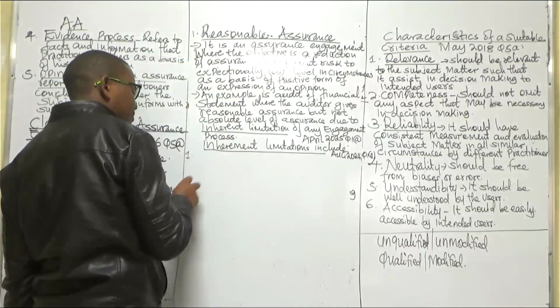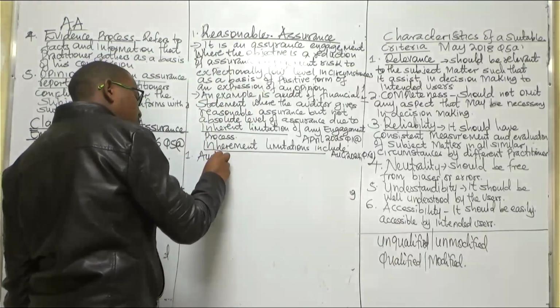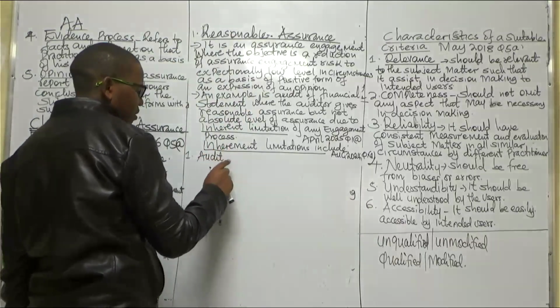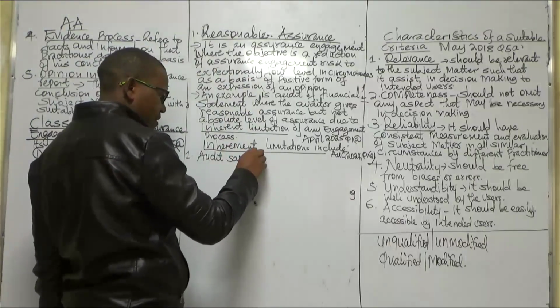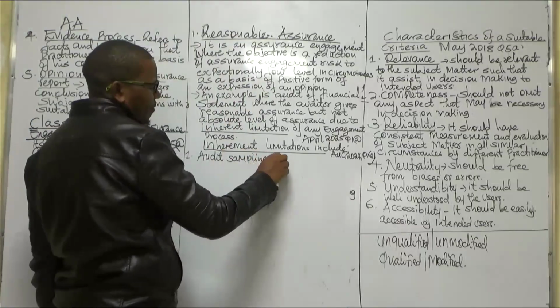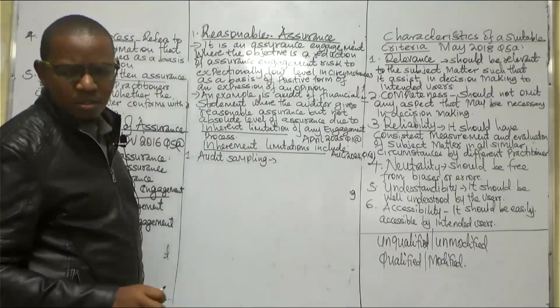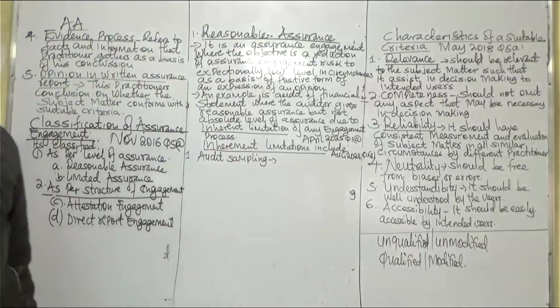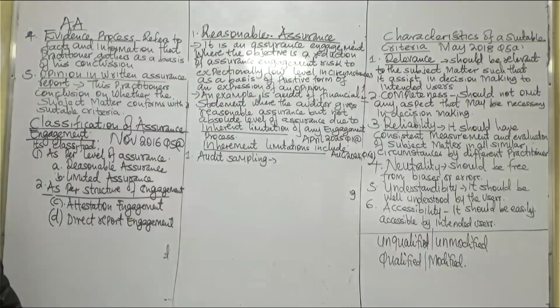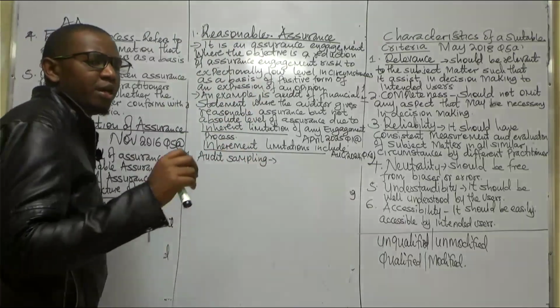Number 1, in auditing, we do what we call audit sampling. What do you mean in this case? In audit, we don't audit each and every element of the financial statements.